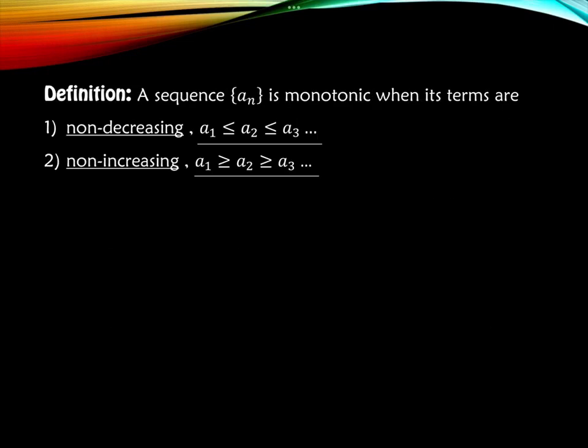So monotonic is a word to describe increasing and decreasing at the same time. Okay? So it's monotonic when it's either non-decreasing or non-increasing. So this is kind of like when you say something's positive or negative and somebody's like, well, what about 0? And you're like, well, positive or 0, right?